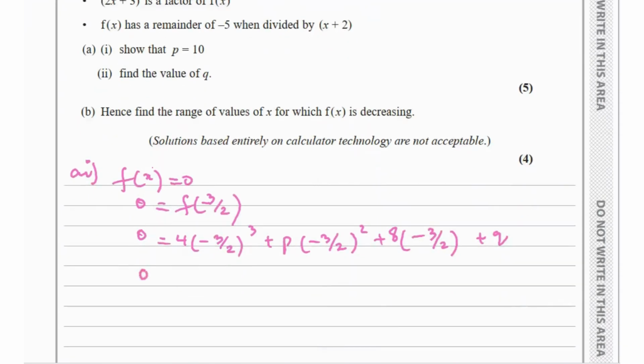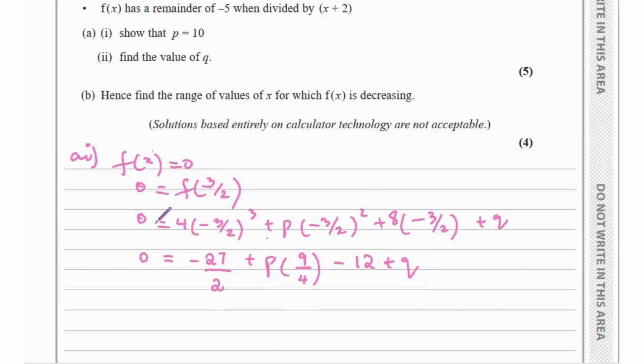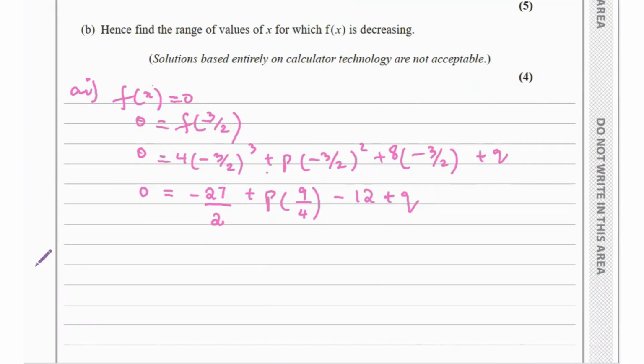That's going to be 0 = −27/2 + p × 9/4 − 12 + q. Now I further simplify this equation, so that's going to be 27/2 + 12 = 9p/4 + q.